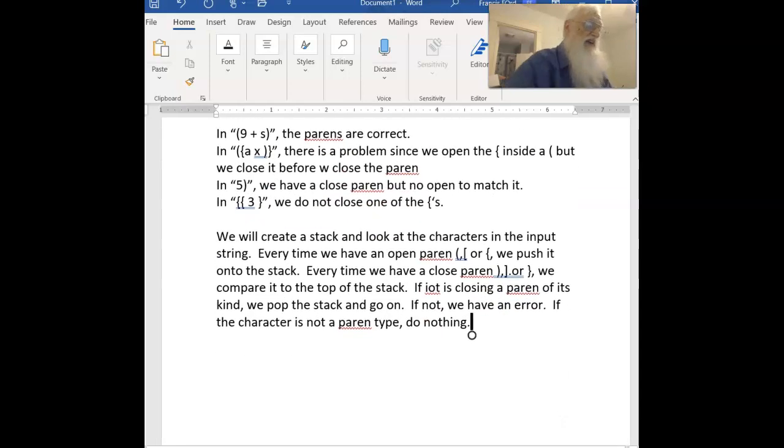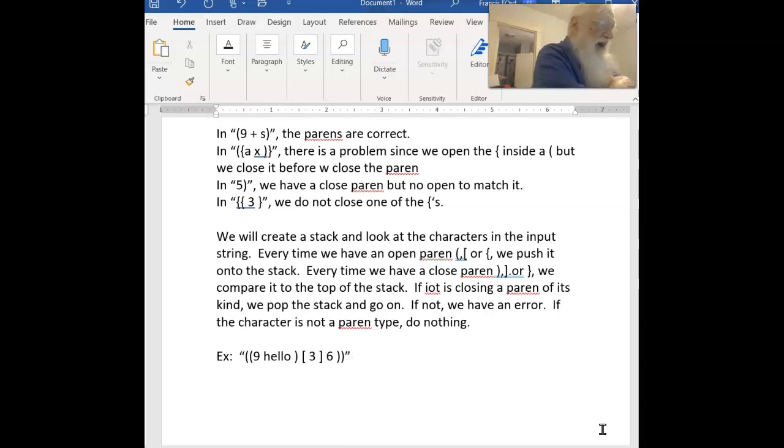So as an example of how this is going to work, let me put in as my string this: 9, hello, this, bracket, 3, bracket, 6.